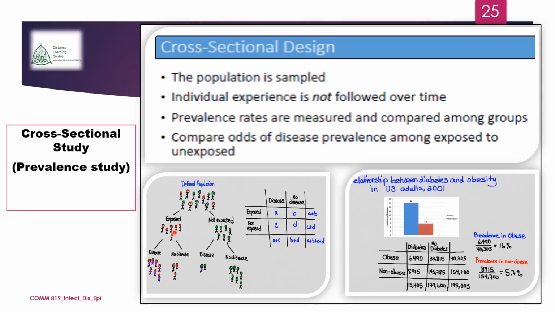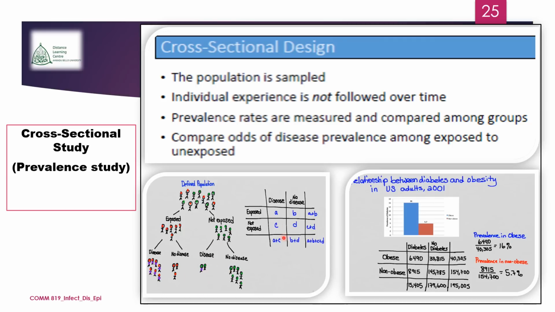Then you follow up those that are exposed to see whether some will develop the disease and others may not develop it. Then you follow those that are not exposed to see those that will develop. Under the exposed, you can see about 1, 2, 3, 4, 5, 6, 7 people develop the disease, while under the non-exposed, only 2 develop.